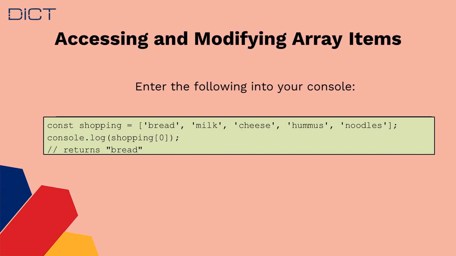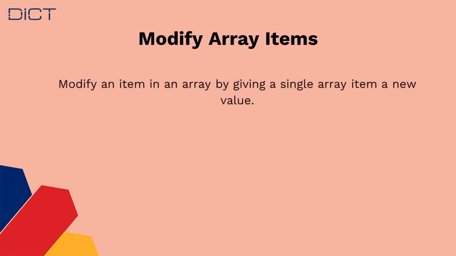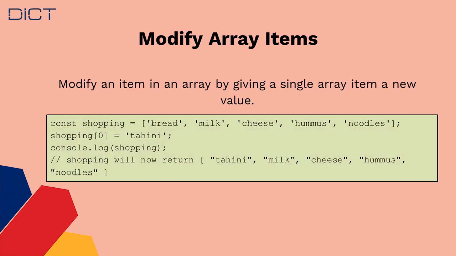We access the first item of our array using the name of the array followed by square brackets, then the index of that item. In this case, we put it as 0. Then we can also modify array items by assigning a new value to a single item. Let's try this. We have the shopping array, then those items again.